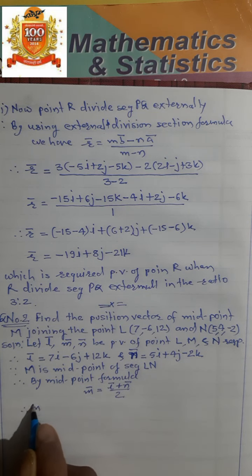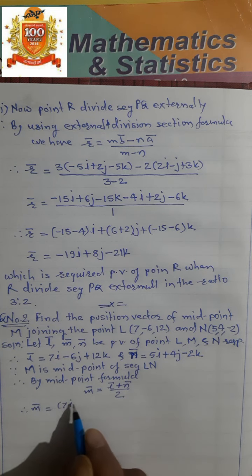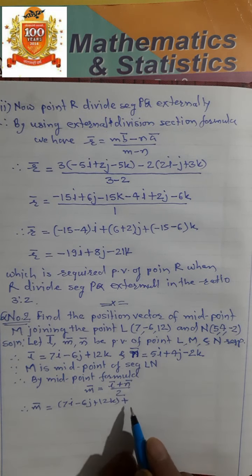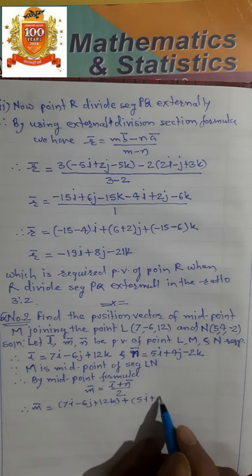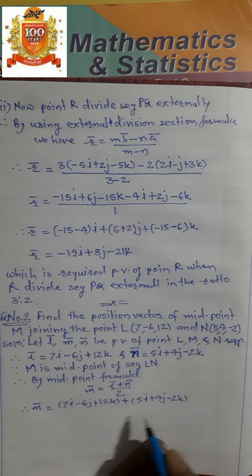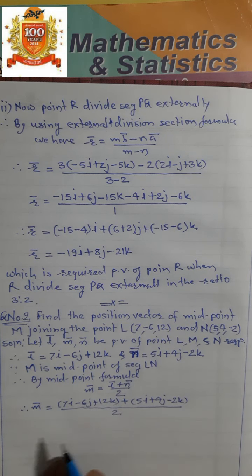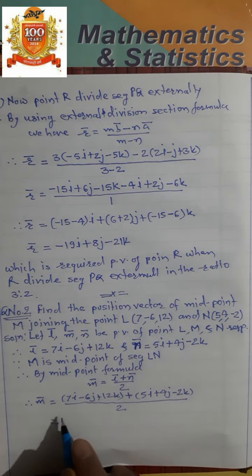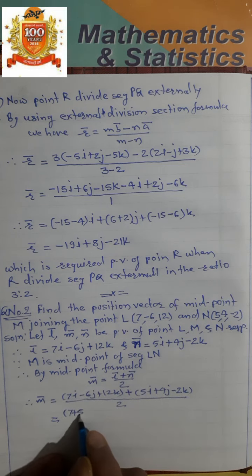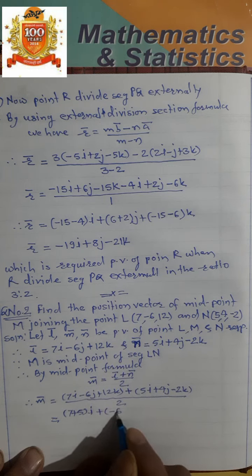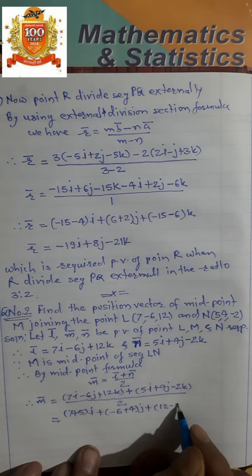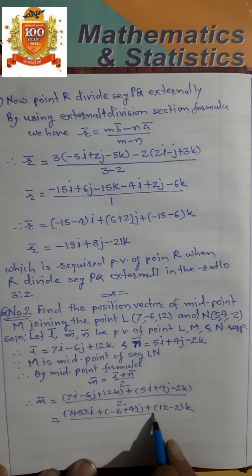Therefore, M bar is equal to (7i minus 6j plus 12k plus 5i plus 4j minus 2k) whole divided by 2, which is equal to (7 plus 5) into i plus (minus 6 plus 4) into j plus (12 minus 2) into k, whole divided by 2.